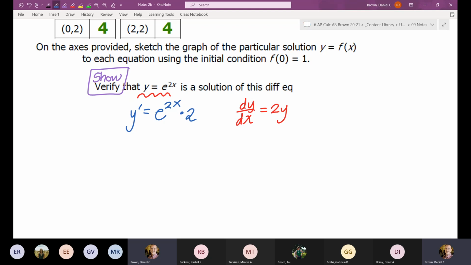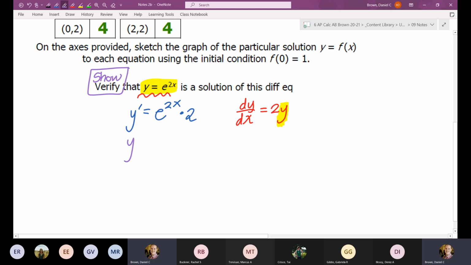Well, how can I show they're the same? I know this one is 2 times y. This one over here is 2 times e to the 2x. Well, what is e to the 2x equal to? Don't overthink it. E to the 2x is equal to y. So just do some substitution.